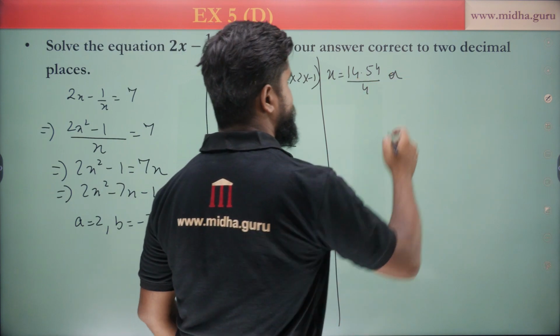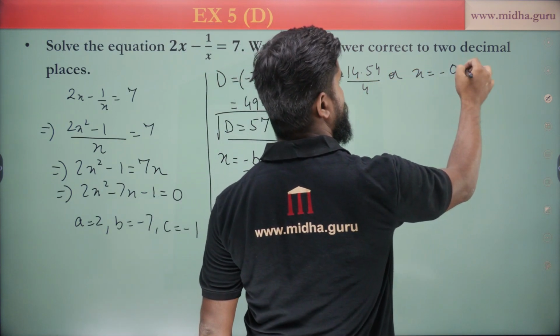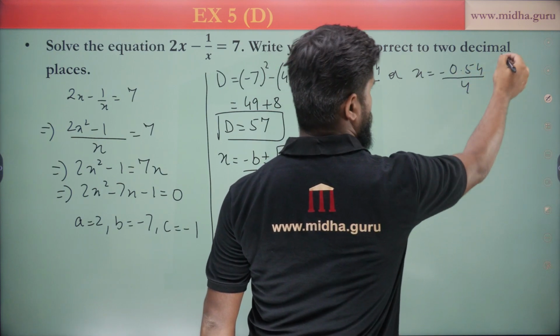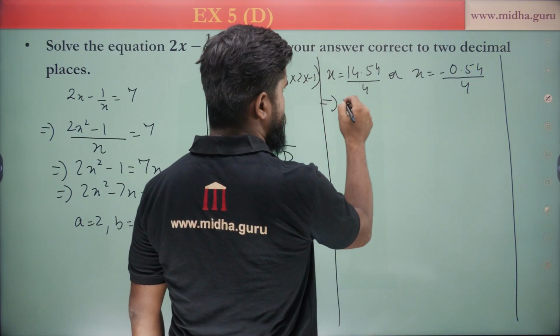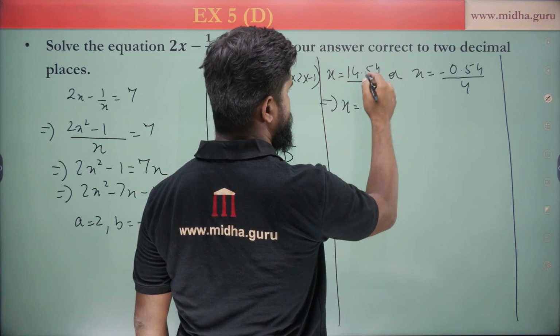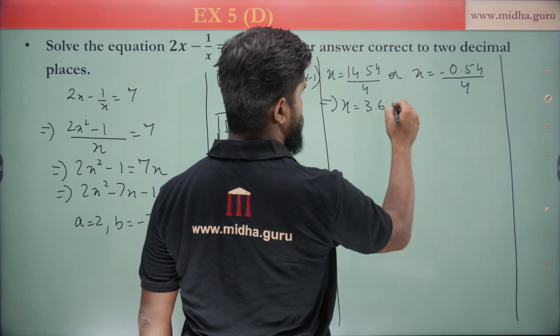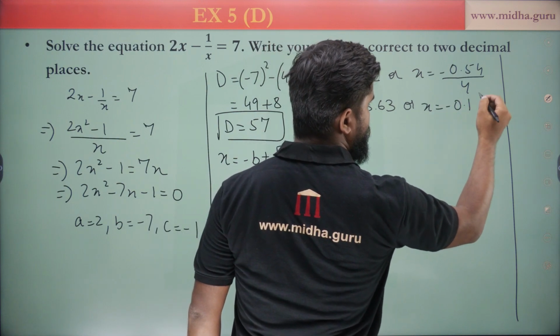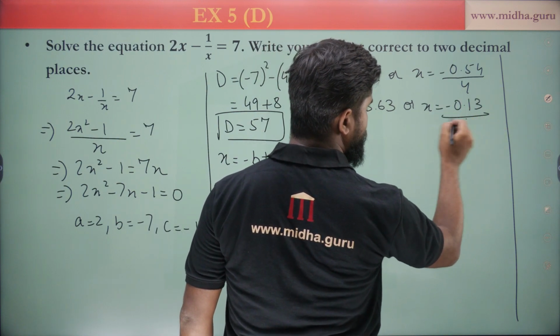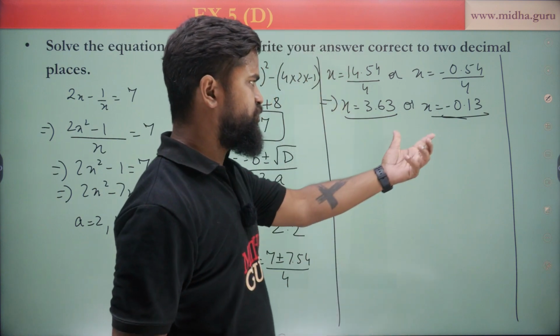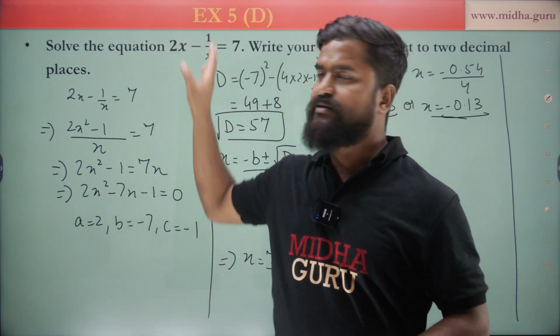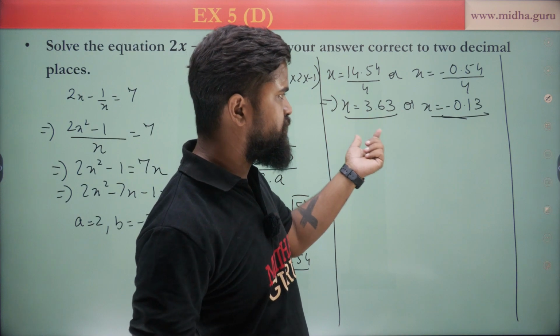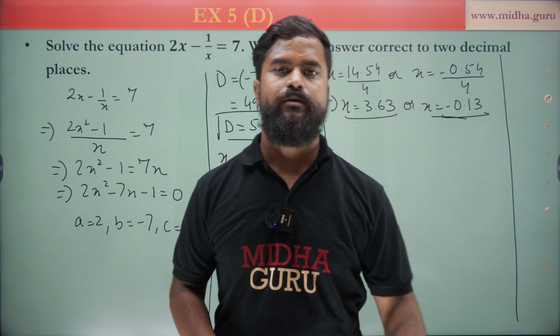Or if I take 7 minus 7.54, I get x is equal to minus 0.54 by 4. From here, I'll get x is equal to 3.63, or x is equal to minus 0.13. So these are the two values rounded off to 2 decimal places for the variable x in this equation, that is 3.63 or minus 0.13.